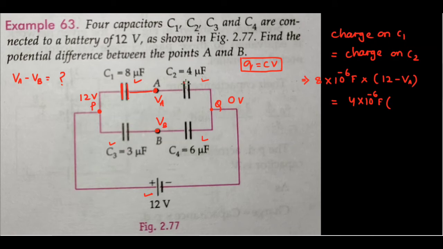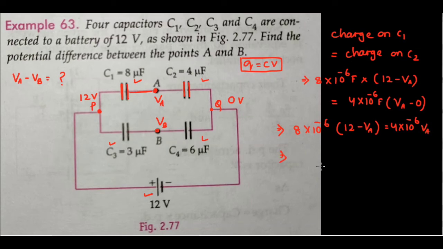Again you can see that the left plate of C2 is connected to VA and the right plate is connected to 0 volt, so the potential difference between the two plates of C2 will be VA minus 0. That implies 8 into 10 to the power minus 6 into 12 minus VA is equal to 4 into 10 to the power minus 6 into VA.